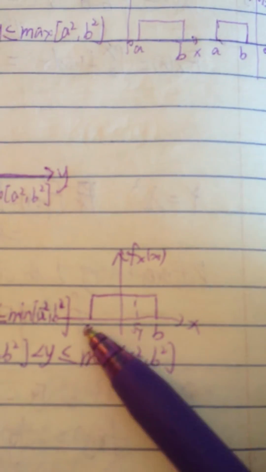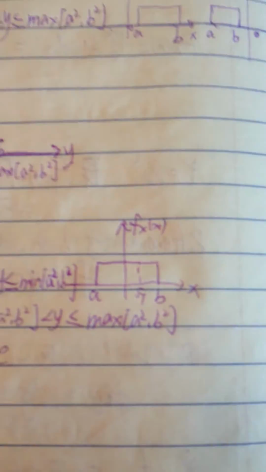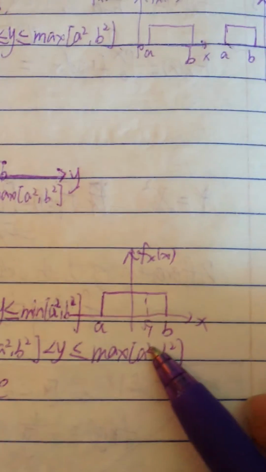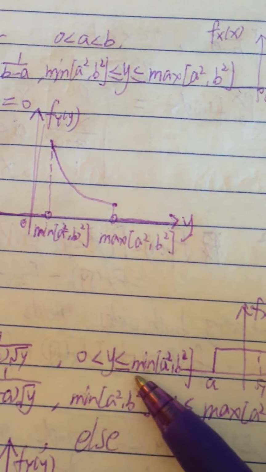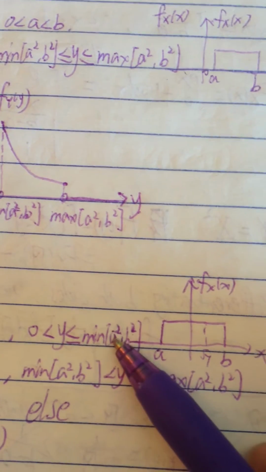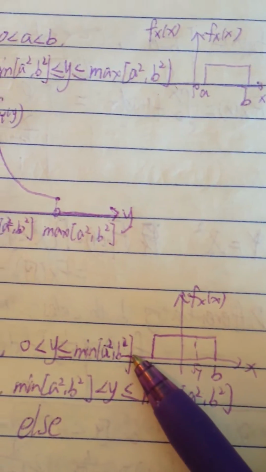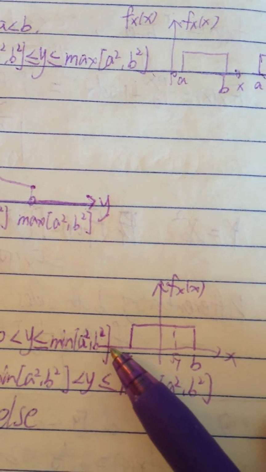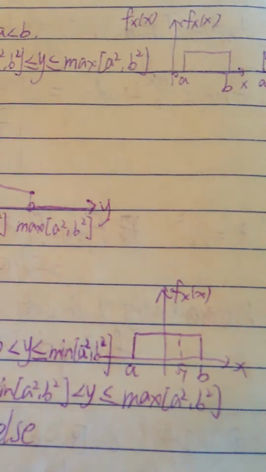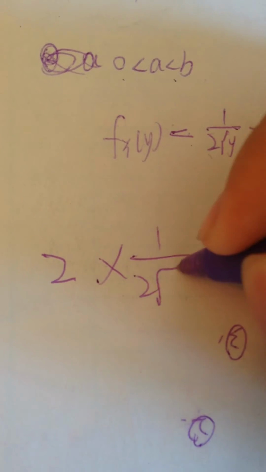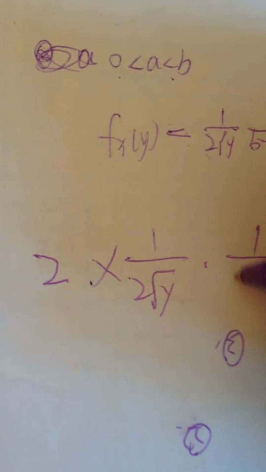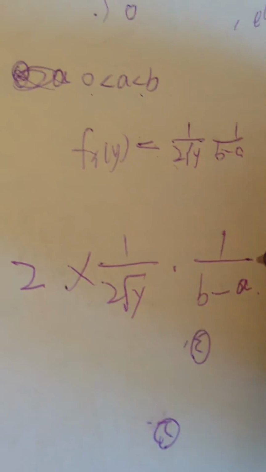We still first sketch the fx of x. It's just like this. And we can know that if square root y is larger than 0 and no larger than the minimum of a squared and b squared, fy of y equals 2 times 1 over 2 square root y times 1 over b minus a.